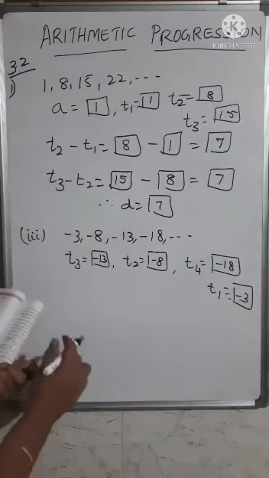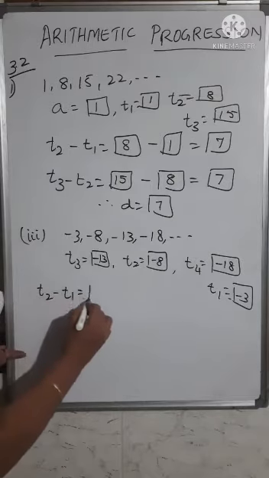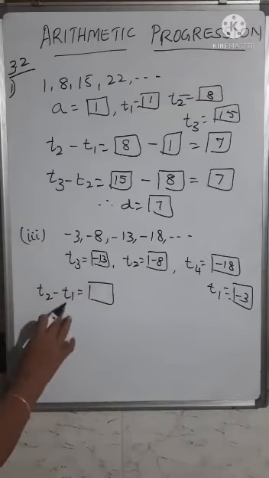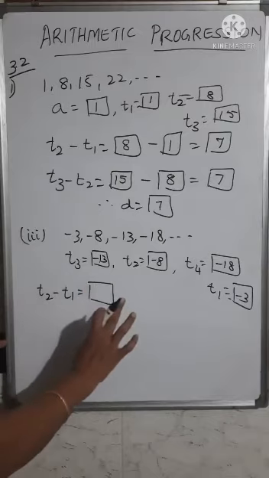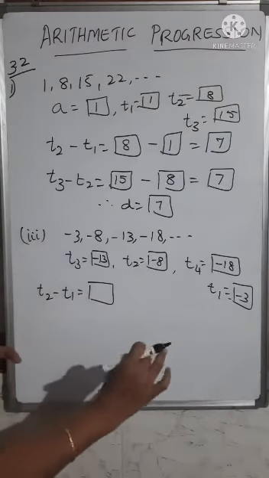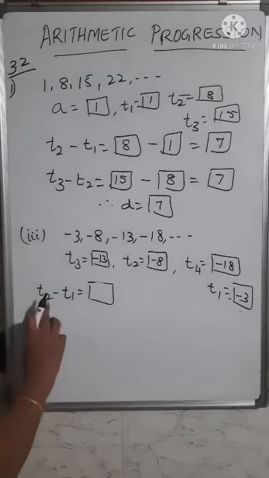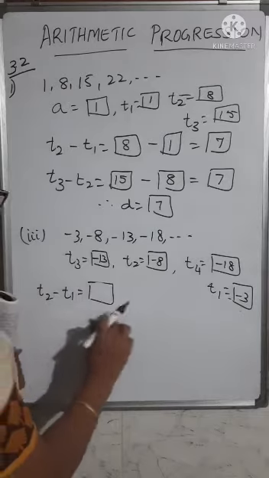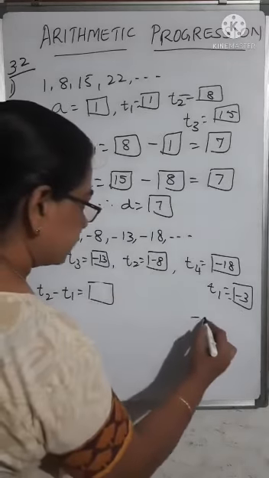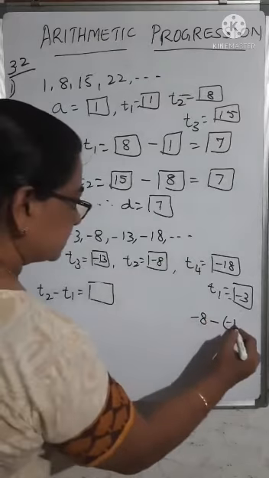Now next I have given T2 minus T1. Here they have directly given the box, so you have to simplify it. Since it is in terms of negative signs, be careful when you do the simplification. So here they have asked you to find T2 minus T3. T2 is minus 8, minus of T3, which is minus 13.